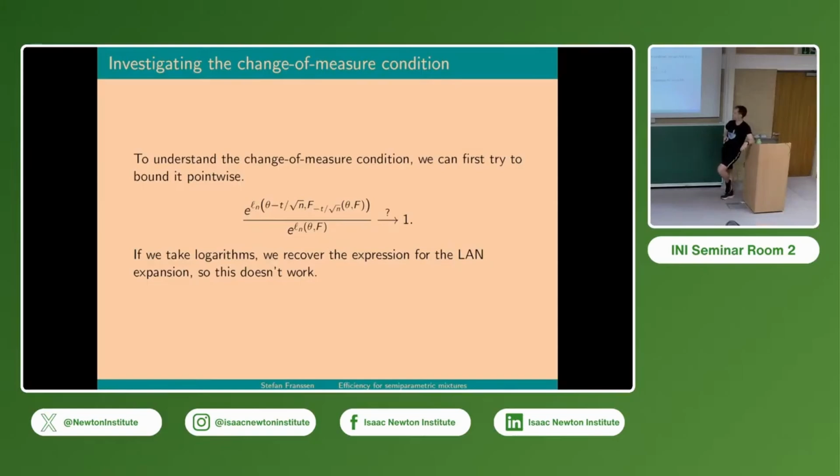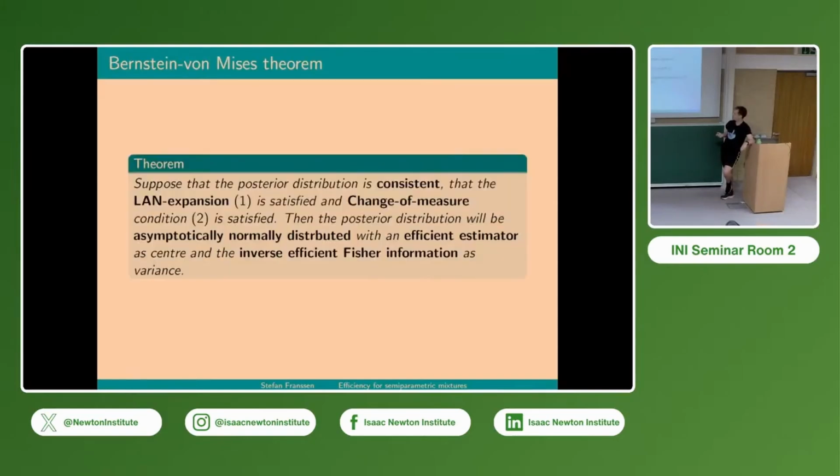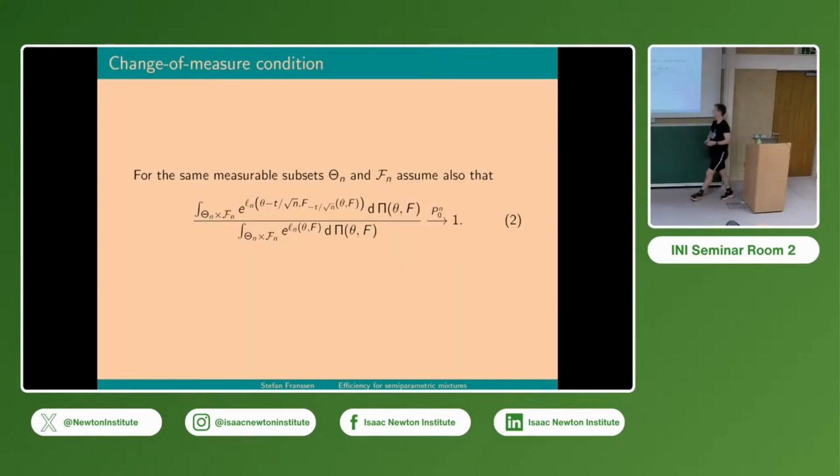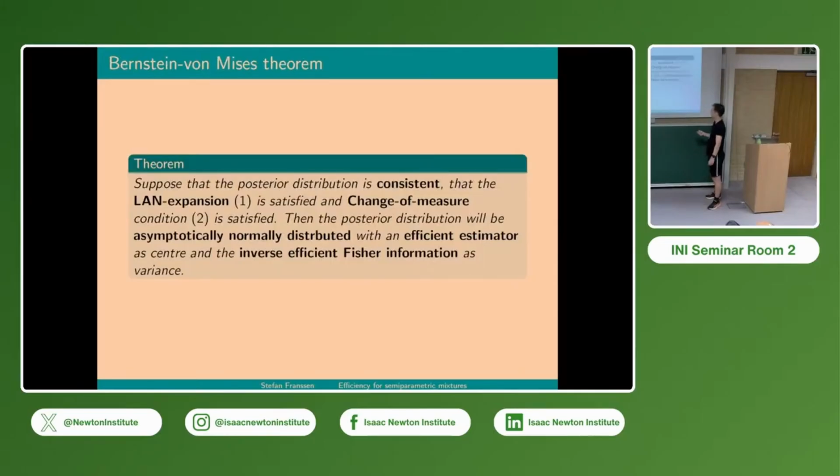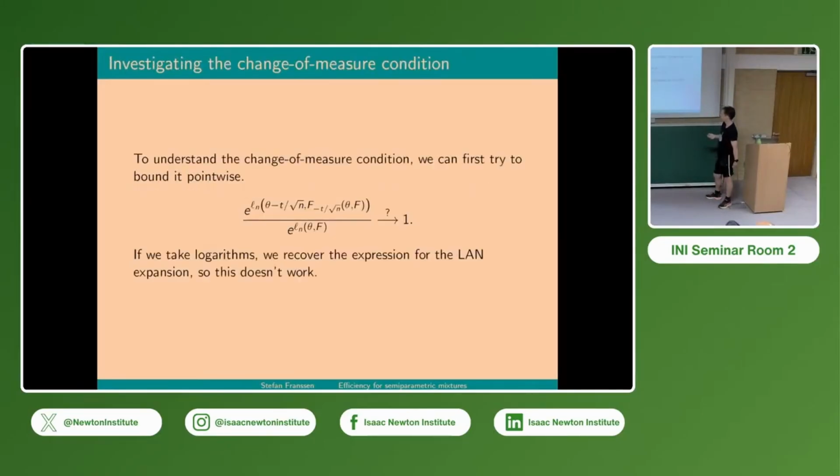Because naively it's just like, okay, we want to show that this goes to 1, so maybe we can look pointwise and show that uniformly for each theta and f, this converges to 1. Let's try. So we move the integrals.